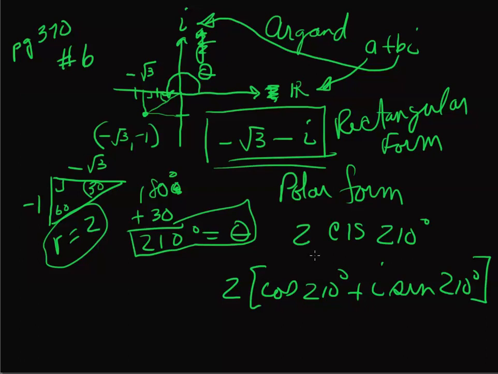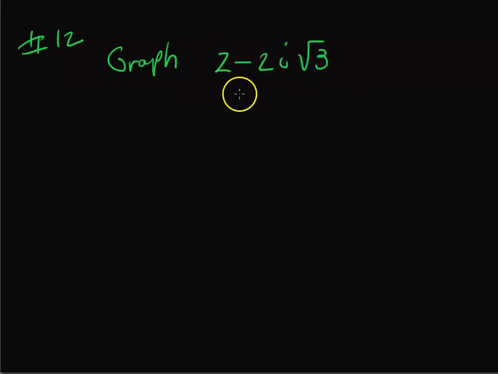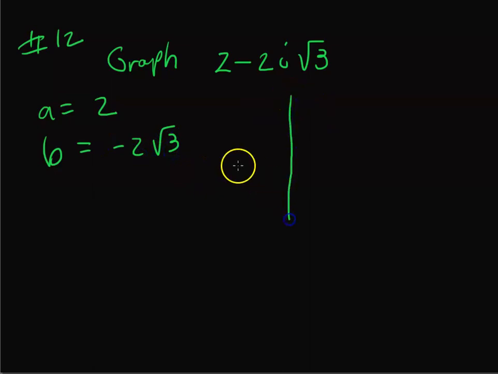How about number 12? Number 12, graph each complex number. 2 minus 2i square root of 3. So a is equal to 2. And b is, they put that i in the middle there trying to fool you. It's a -2 square root of 3. So how do you graph that?